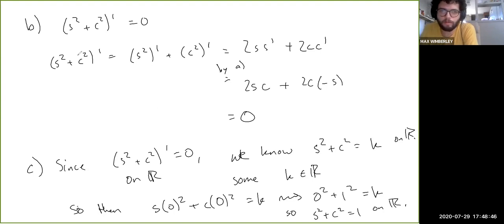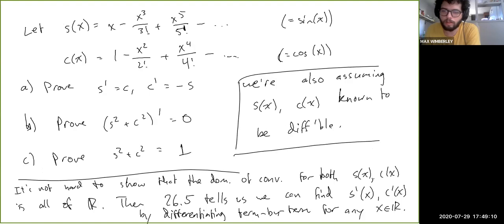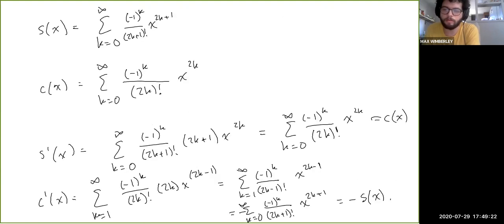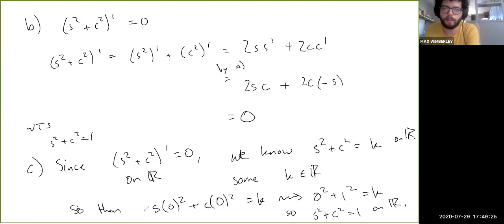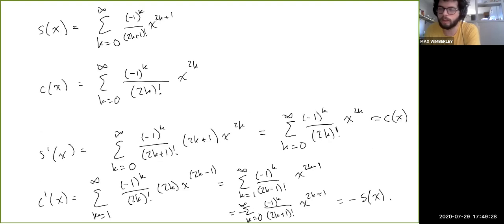If you didn't do part A or part B, and you were just trying to show that s squared plus c squared equals 1 out of the blue, a lot of people, myself included honestly, if I was just handed this problem, the idea would occur to actually square these series and then add them together and show that you literally just get 1 that way. And of course, that's much less efficient, much more complicated than this method, but you could actually do that. It's not a terrible idea.